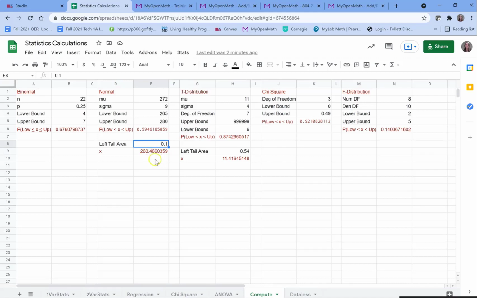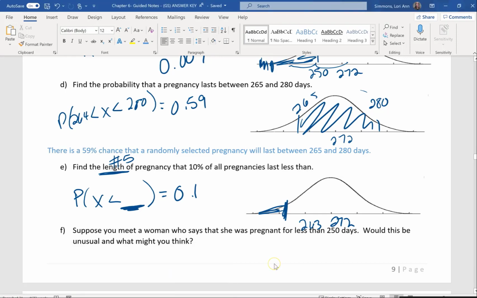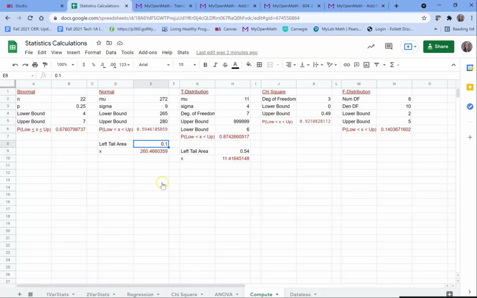So it's 260.5. Now, if you wanted to double check, use number 4 and do 260.5. We've got negative 9 and 9 because it's to the left. 260.5, 0.10 or 10%.